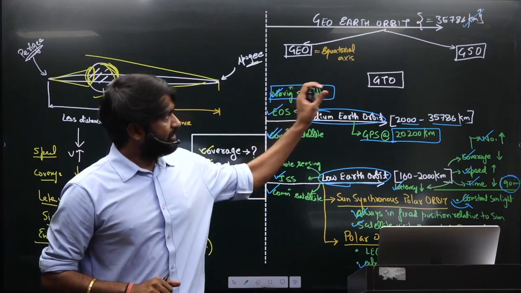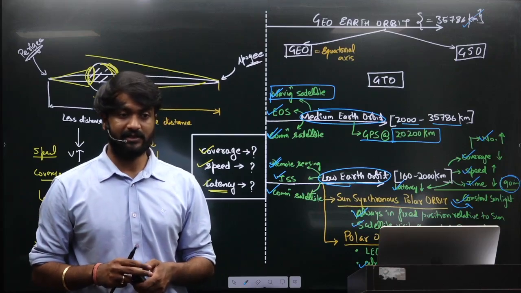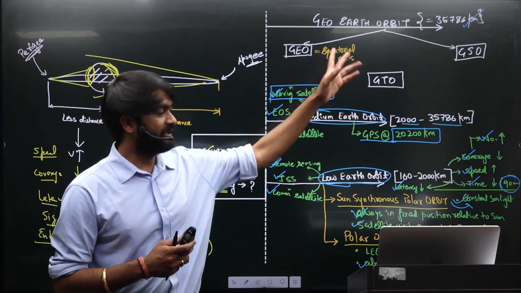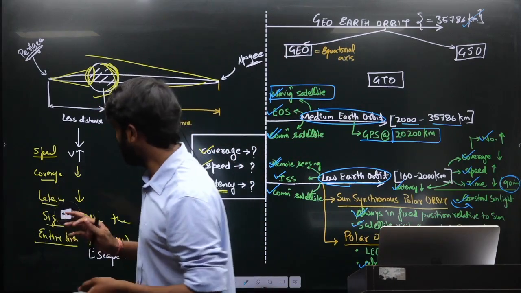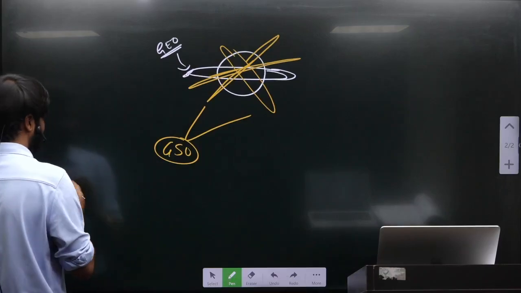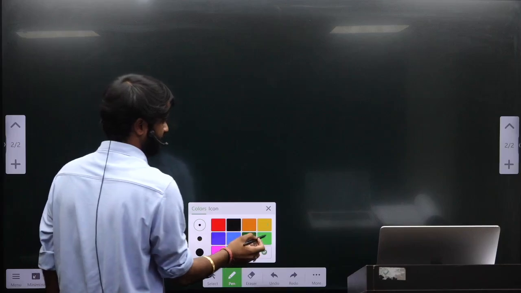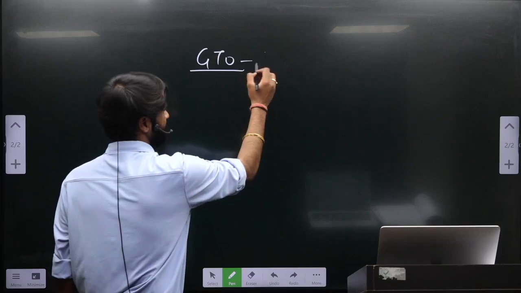Now let's come to the third category, geotransfer orbit, and let me tell you, from the sense of examination, this is more important than the other two. Geotransfer orbit, understand this very carefully. Understand this very well.